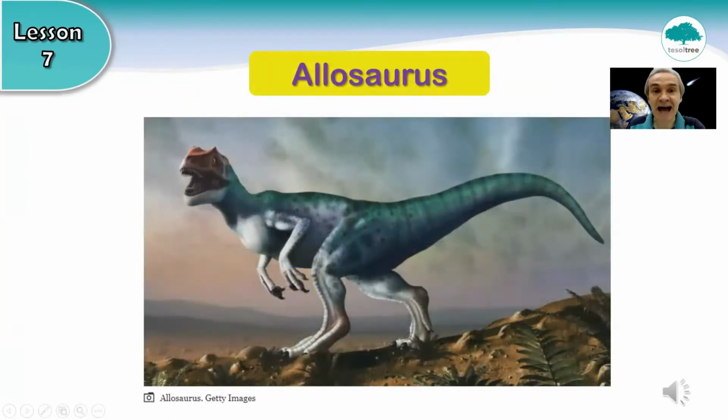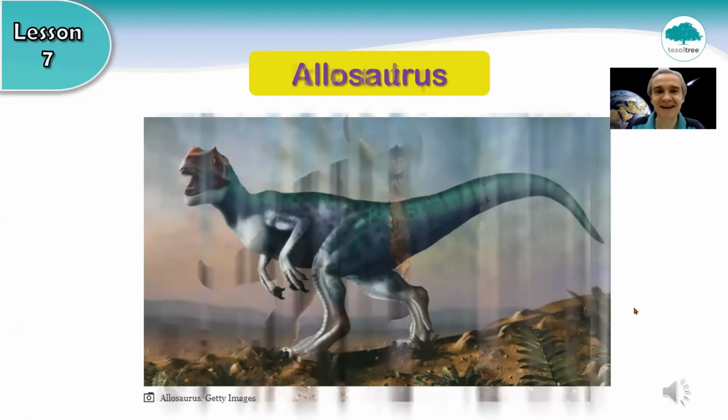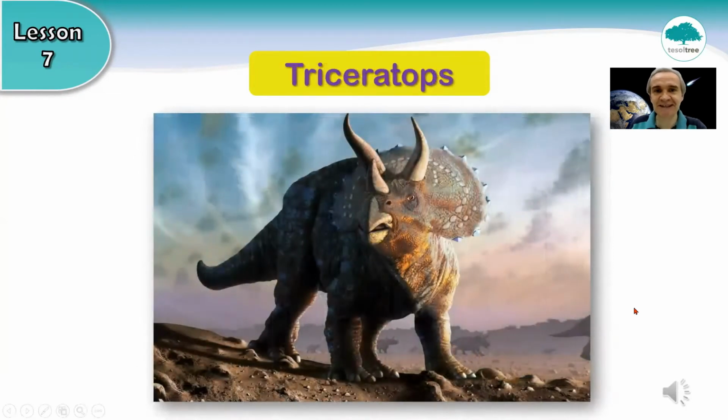And here is an Allosaurus, another kind of dinosaur. And here we have a Triceratops, a very dangerous dinosaur.